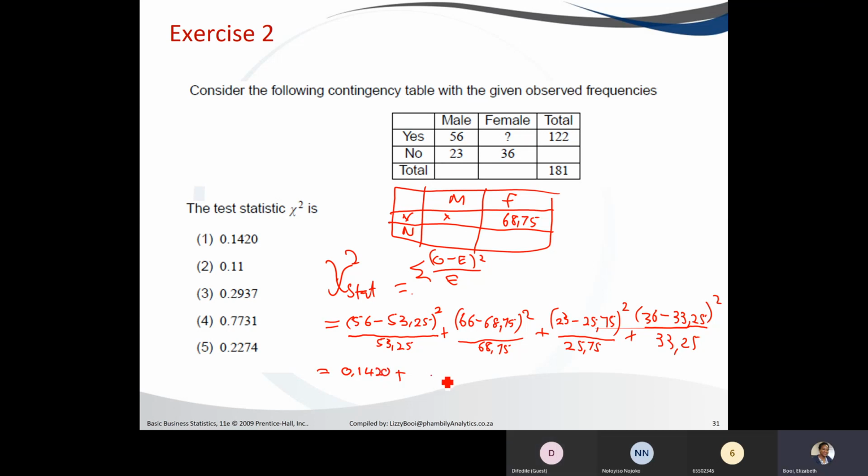The next one plus the next one plus the next one, and you will find the answer. I'm trying to help you here, and this is your assignment question. I cannot give you all the answers unless you work with me. It's option 4.